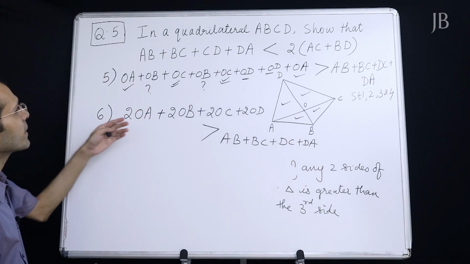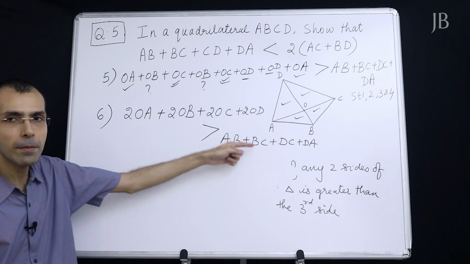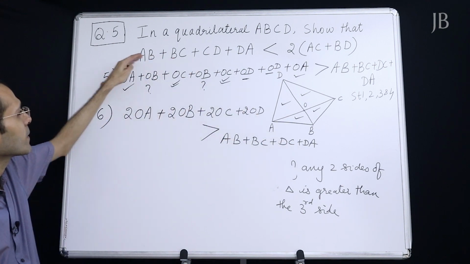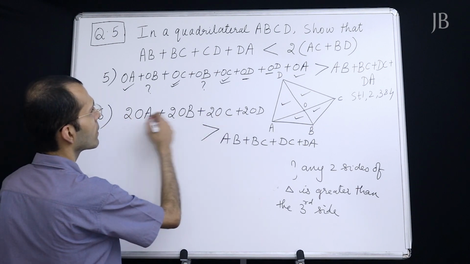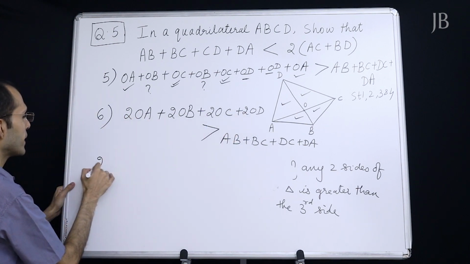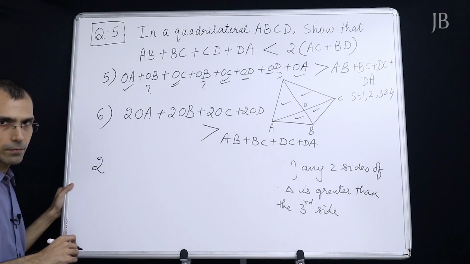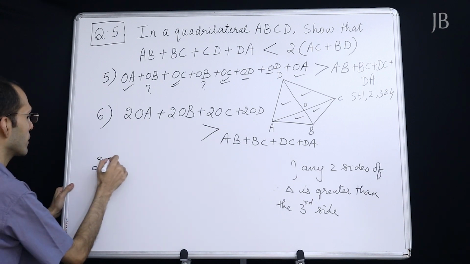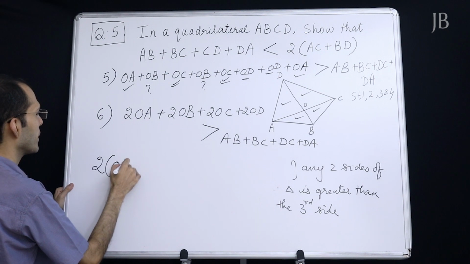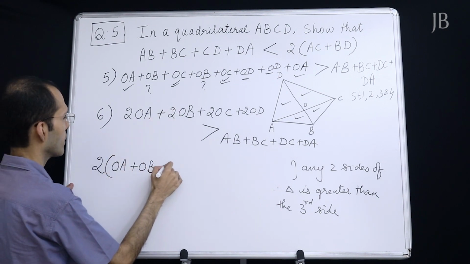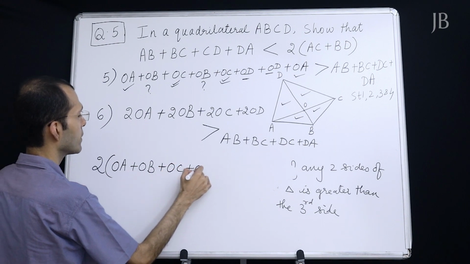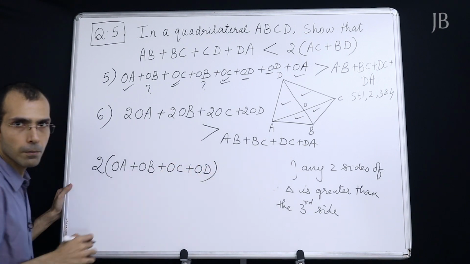Okay. Now we need little more refinement because we have got AB plus BC plus DC plus DA. This much has come. Here we have to work out something. Here if you see, we can take 2 common. So this will be OA plus OB plus OC plus OD.